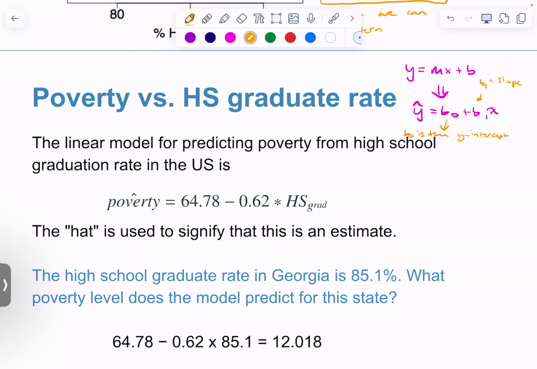What's the y hat all about? The y hat is the predicted value of y. So in a regression setting, a hat means it's a predicted value.